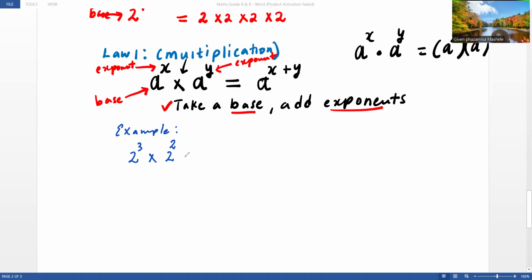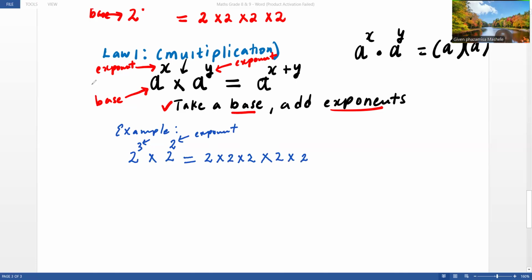Now, if we were to expand this, 2 to the exponent of 3. Remember, this 3 is our exponent, so it's telling us how many times we repeat this 2. It will be 3 times, so 2 by 2 by 2. Then times again, how many times can we repeat this 2 by itself? Twice.